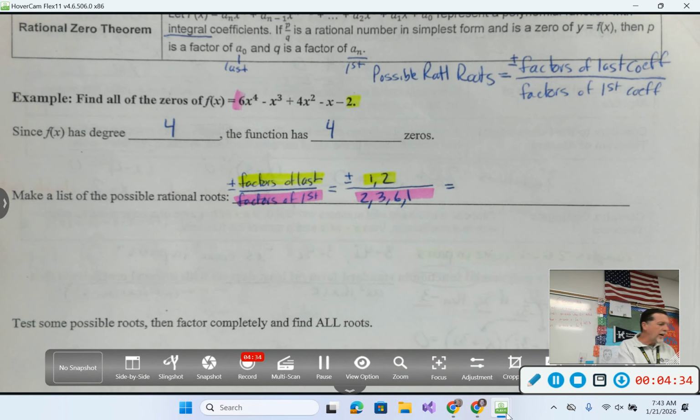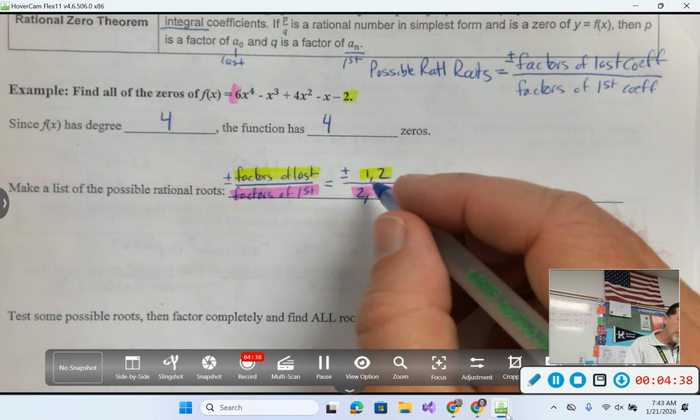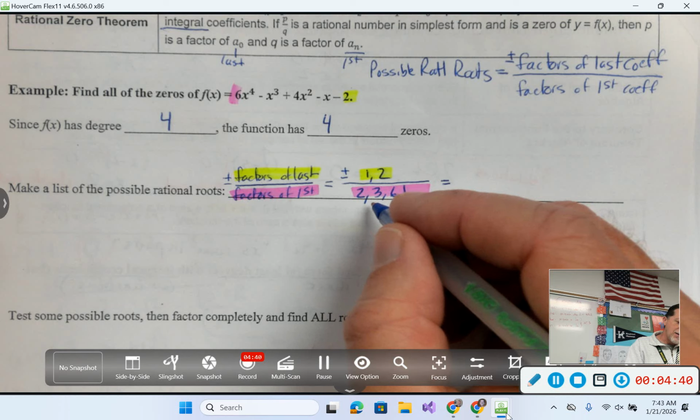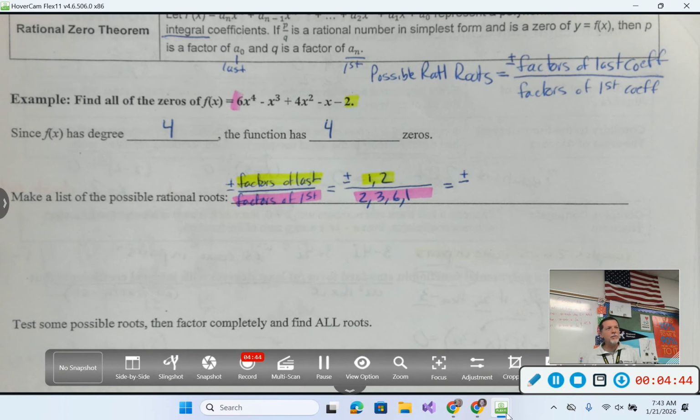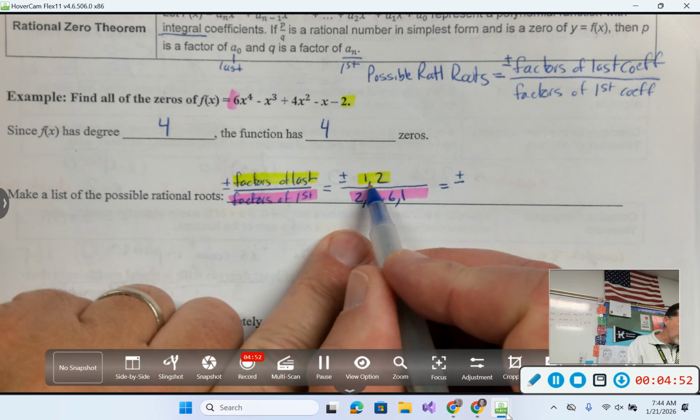Okay, so now we have to list every possible combination of top and bottom. We don't have to put the plus or minus on every one of them. We'll just put the plus or minus out front and know that that goes for everything rather than writing it every single time. Okay, so let's start with the 1.